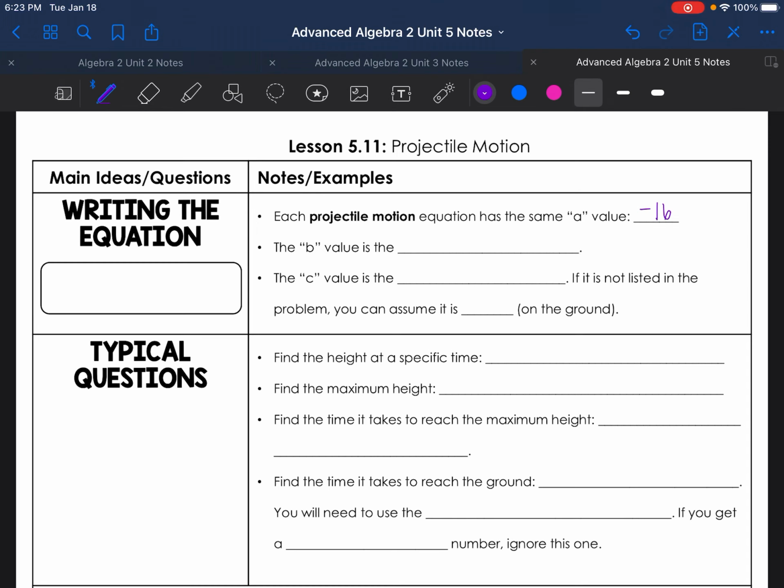You can ask your science teacher, your physics teacher, why this is. I don't know. The B value is the velocity, so how fast and how hard it is thrown. And the C value is the starting point.